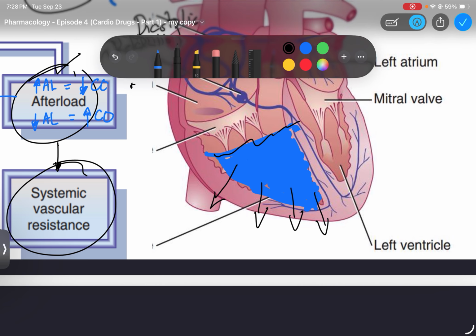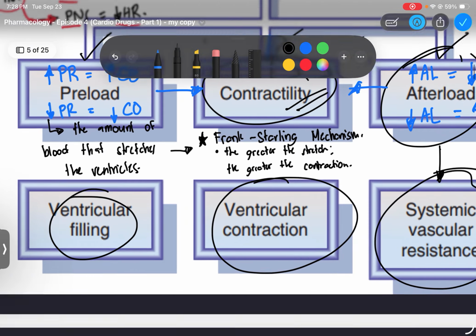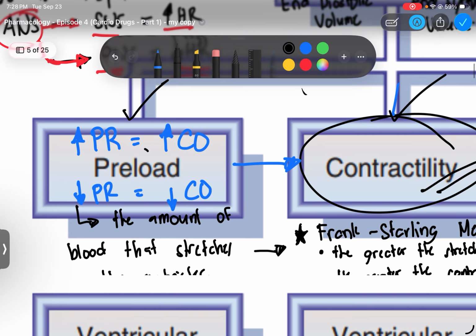Yes, it will. It's like a balloon: when you fill a balloon with water, obviously the balloon will expand. The same goes with your heart. If you fill the ventricles with blood, obviously, then the ventricles will expand. This is our first factor, class, which is preload. Okay?